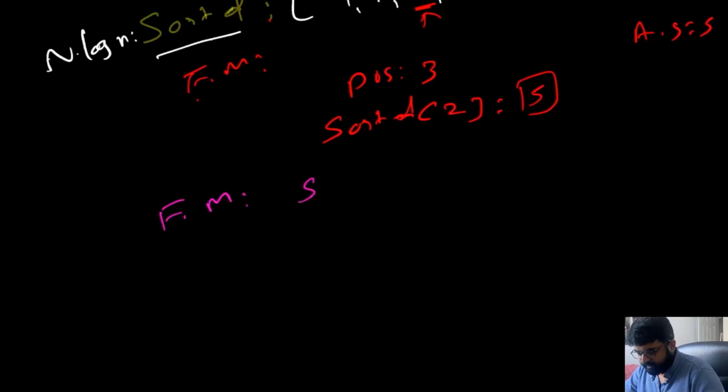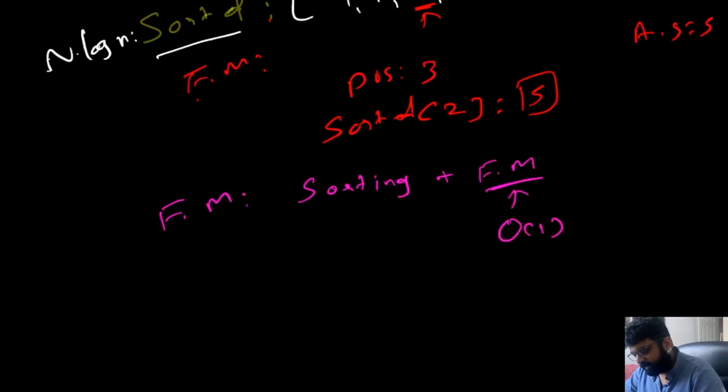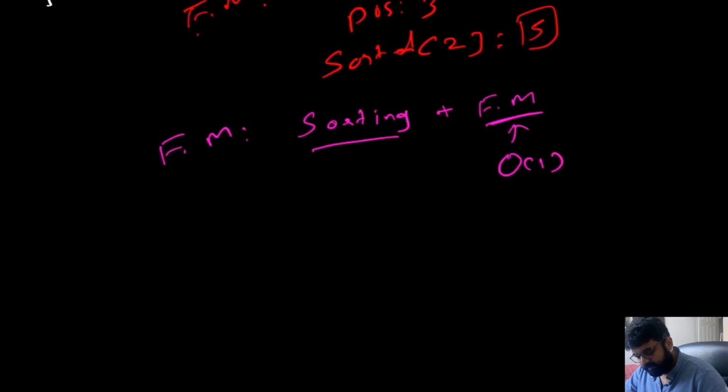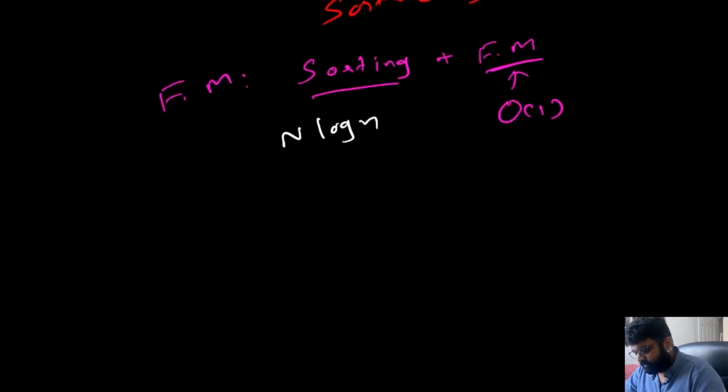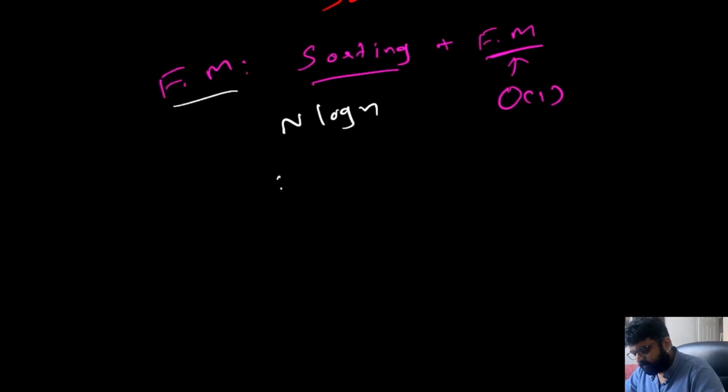The first process is sorting the given input, and the second is finding the median by taking the average, depending on the odd or even count. This second part is a constant operation, so it can be done in big O of 1 time, but the sorting is a little bit tricky and takes n log n time. So overall, finding the median is going to be done in n log n time, and adding a number is quite quick, done in big O of 1 time.